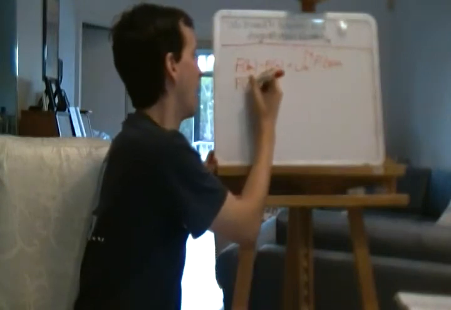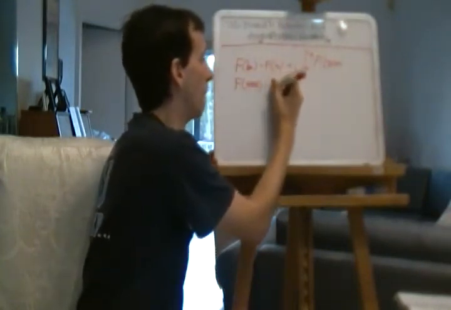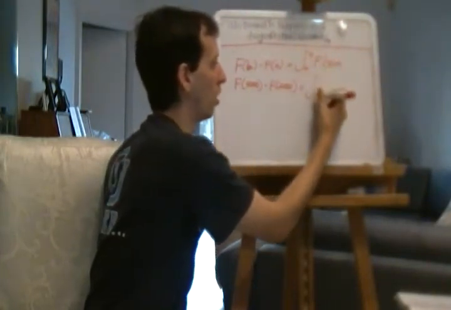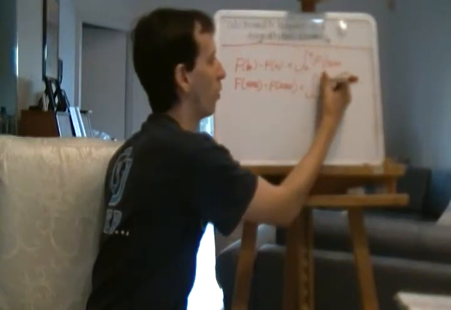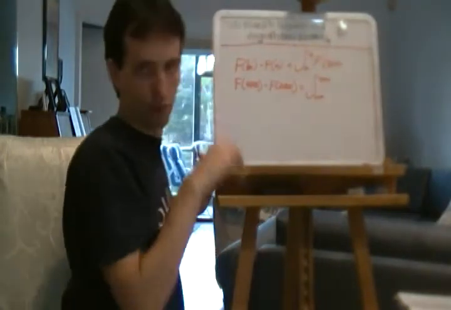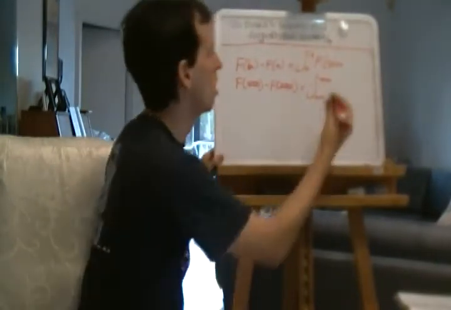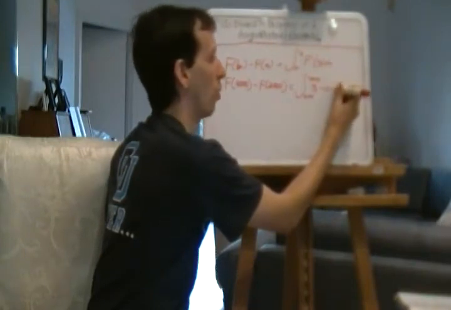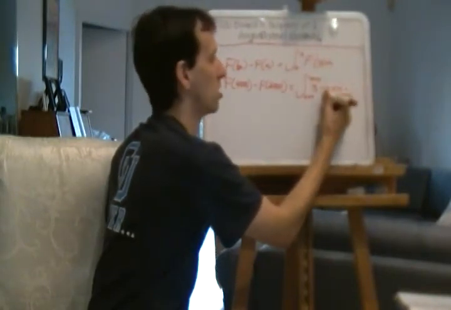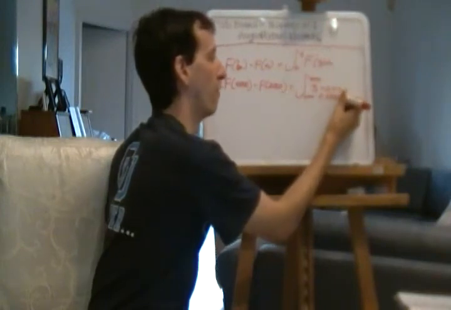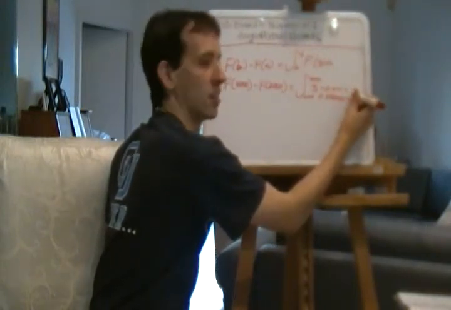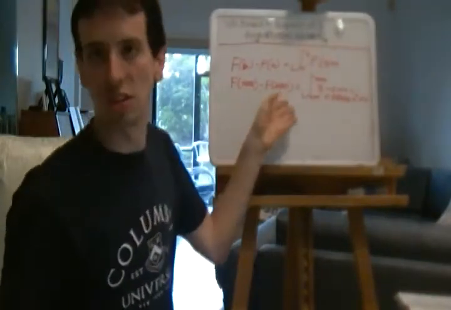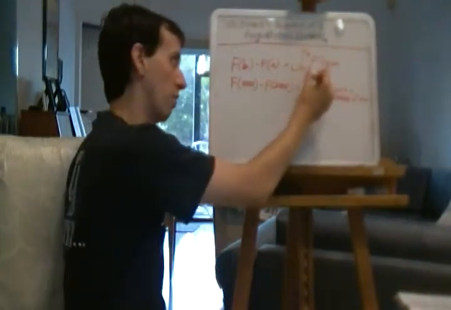So this is saying that F(4,000) minus F(2,000), the change, is going to be equal to the integral from 2,000 to 4,000 of F prime of x, which in this case is C prime of x, which is 3 minus 0.01x plus 0.000006x squared dx. That's what the net change theorem tells us. So all we need to do is solve this integral.